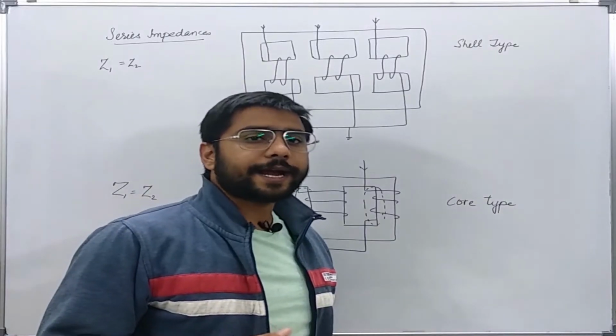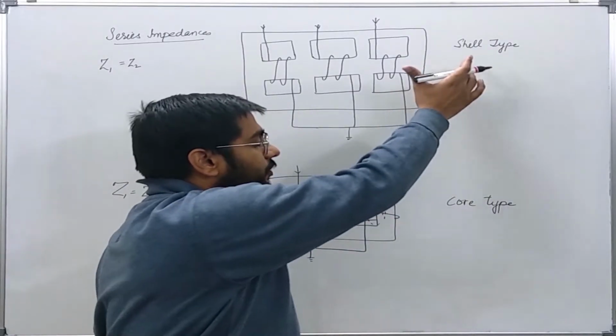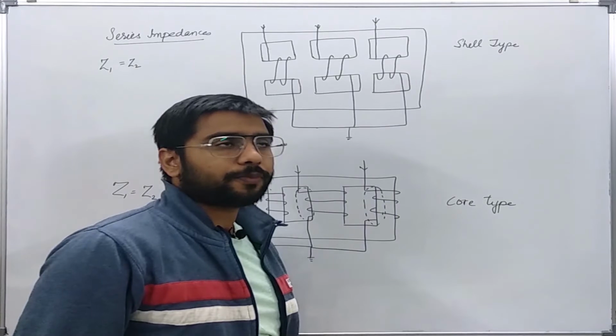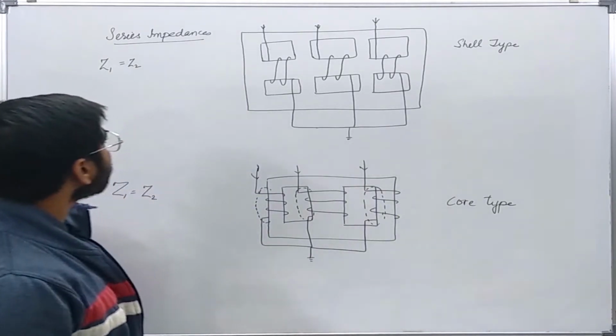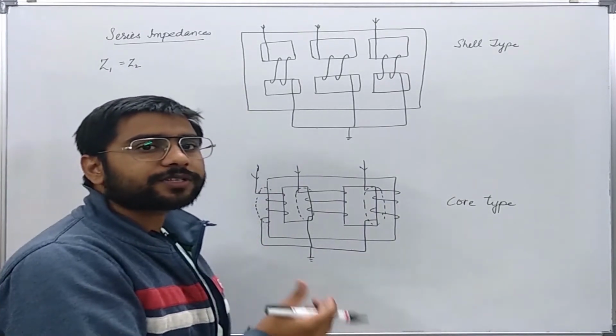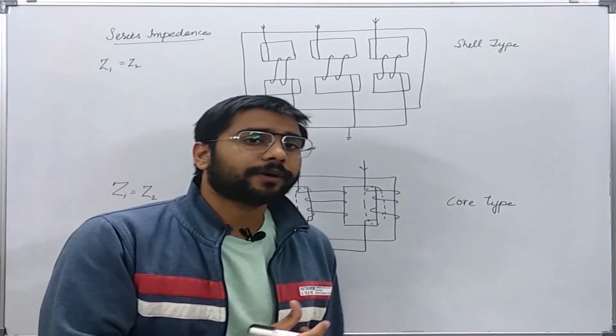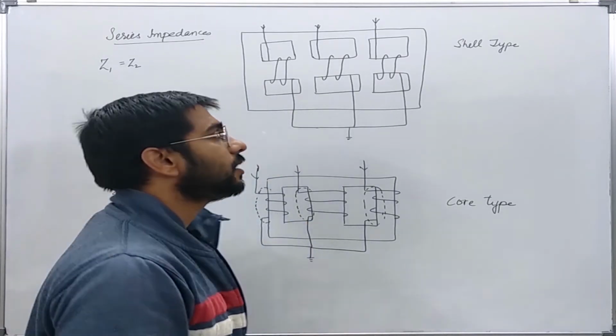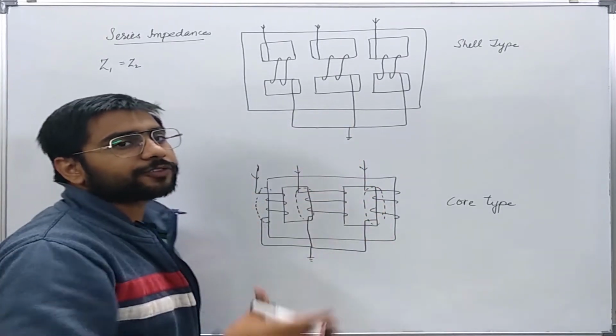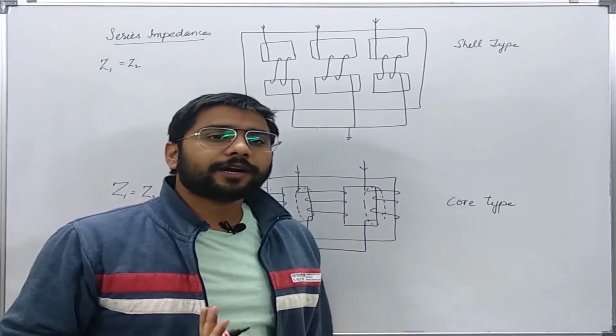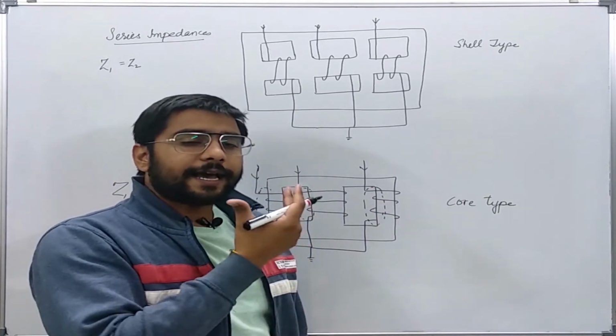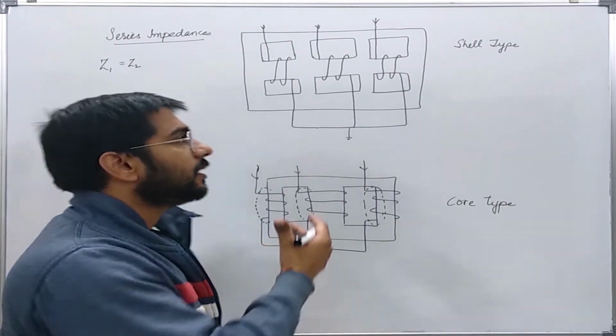Now in this slide I have drawn a shell type transformer as well as a core type transformer. Now first we will consider the case for series impedance offered by these transformers to various sequence currents. Now both kinds of transformer are static devices and they do not differentiate according to the phase sequence.